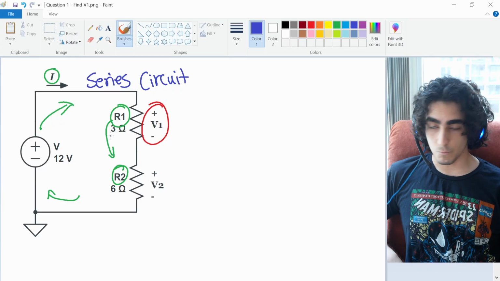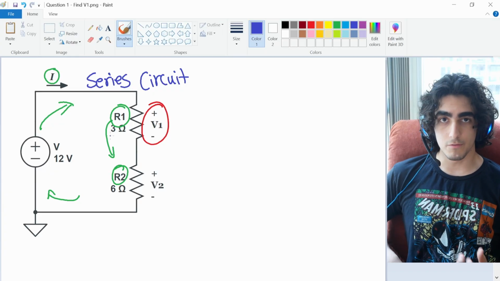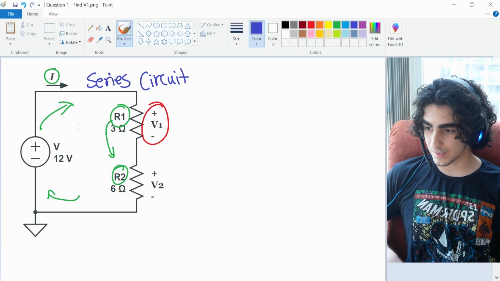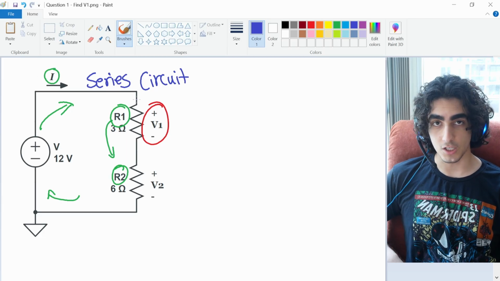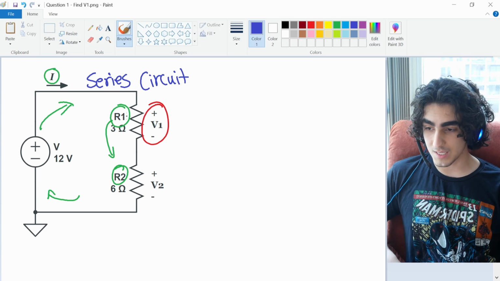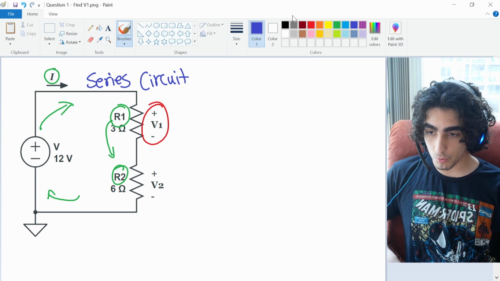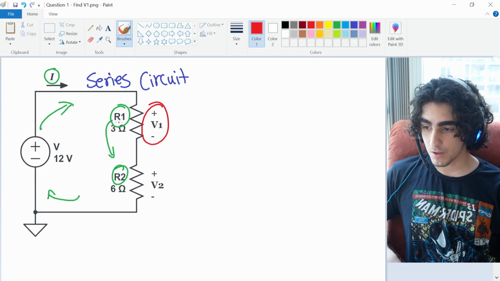Now, what's interesting about a series circuit, and why we even care about that, is that in a series circuit, the current remains unchanged as it goes through each resistor. What changes is the voltage. The voltage gets divided when it goes through each resistor and then finally comes back to the original source.